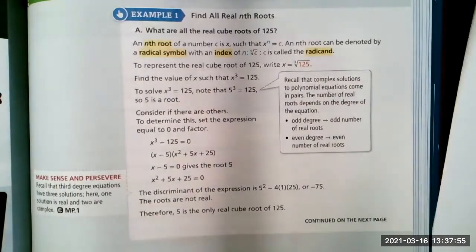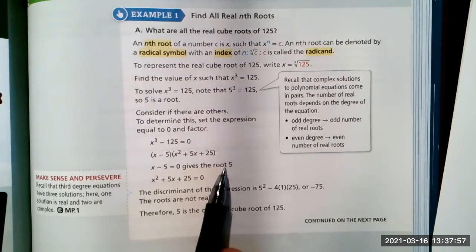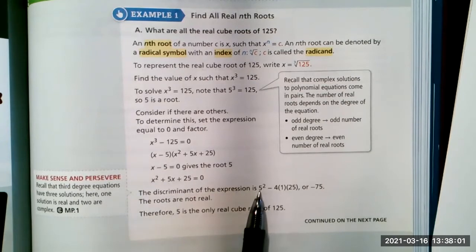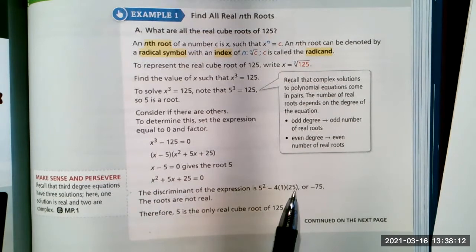So let's keep looking and seeing what they're saying. The discriminant of the expression is, oh man, I can't remember offhand. We've talked about discriminants. That's just the part of the quadratic formula that's underneath the square root, b squared minus 4ac. So if you remember that part back from factoring, the discriminant, depending on if it's positive or negative, is going to tell you how many roots you have. If it's positive, there's 2 roots.